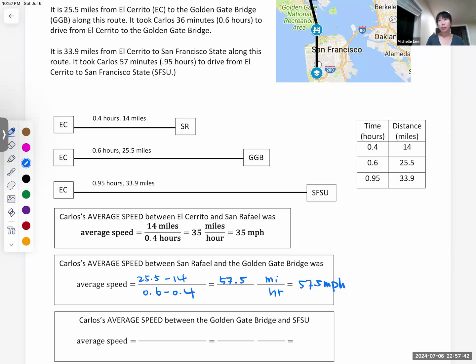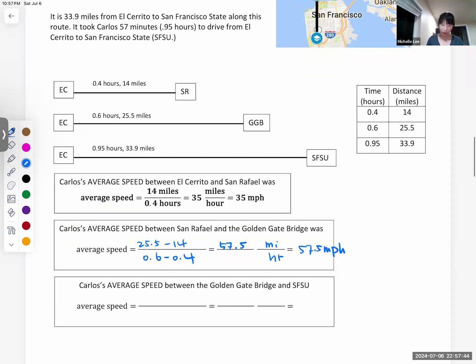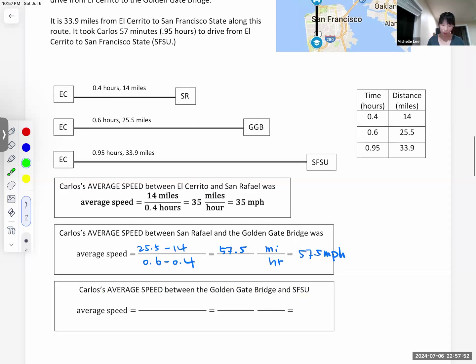All right. So let's find out Carlos' average speed between Golden Gate Bridge and SFSU. So this one minus that over the time, right? So let's do this. 33.9 minus 25.5.